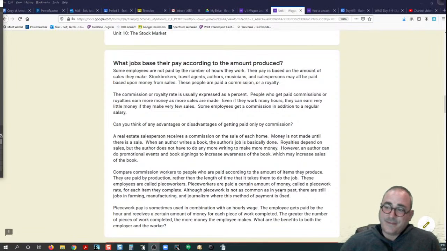And what's the advantage to the employer? The advantage to the employer is that they have created an incentive for people to work very hard, because they don't get paid as much if they don't produce as much. So it's not about hours spent on the job; it's about bushels of cucumbers picked, or bushels of tomatoes, or number of articles written as a journalist, or the number of little widgets or items produced in a factory or in a workshop.